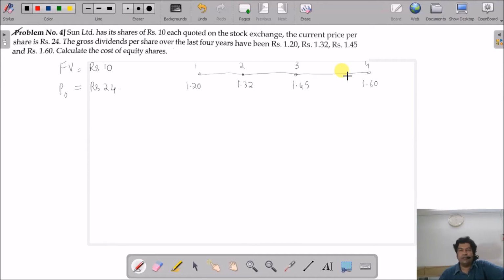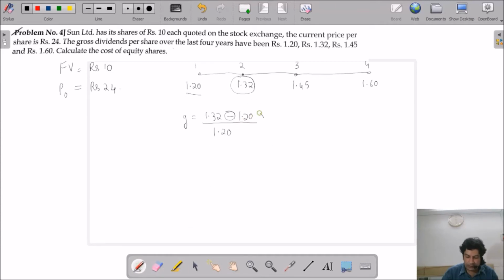So we need to find the growth rate. So right now we are going to find the growth rate. So how you are going to find is this 1.32 you are going to subtract with 1.20, and this you are going to divide by 1.20, and this I am going to multiply by 100 so that I get it in percentage.